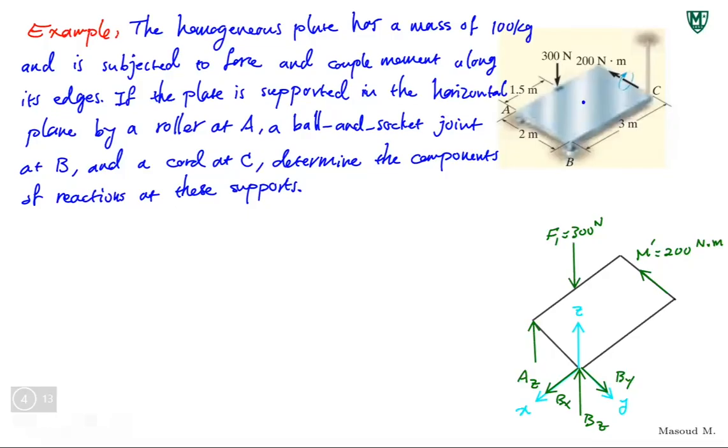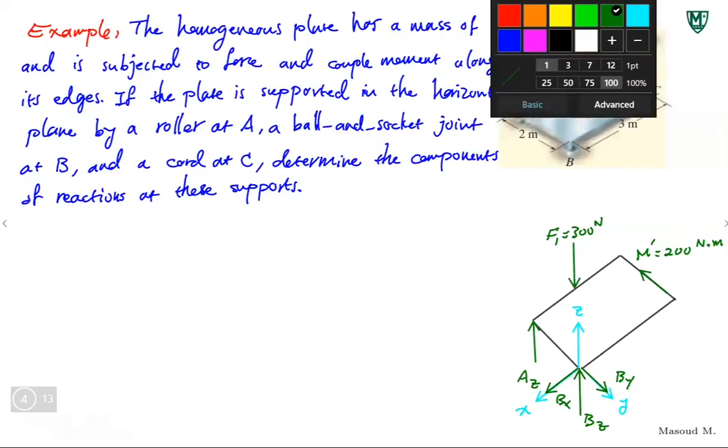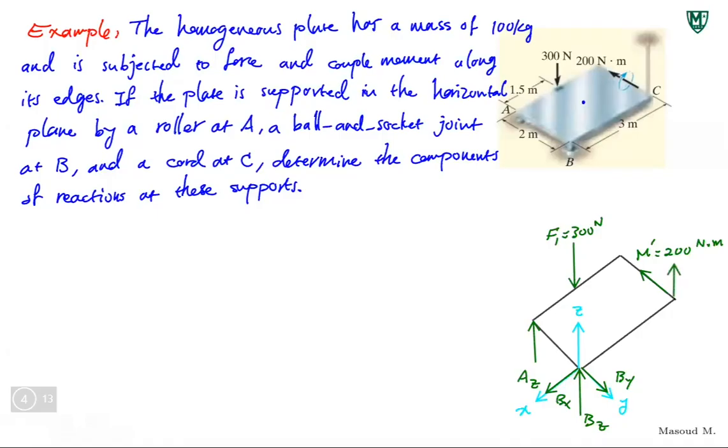What else? Anything else that I'm missing? Or we're good? Cable at C, exactly. So we have to take into account that one as well. Let's call this TC. Follow the namings: we usually use T, as it's the tension. Are we good? The weight, exactly. Thank you, Colin. We have to also take into account the weight because we are told that it's 100 kilograms.